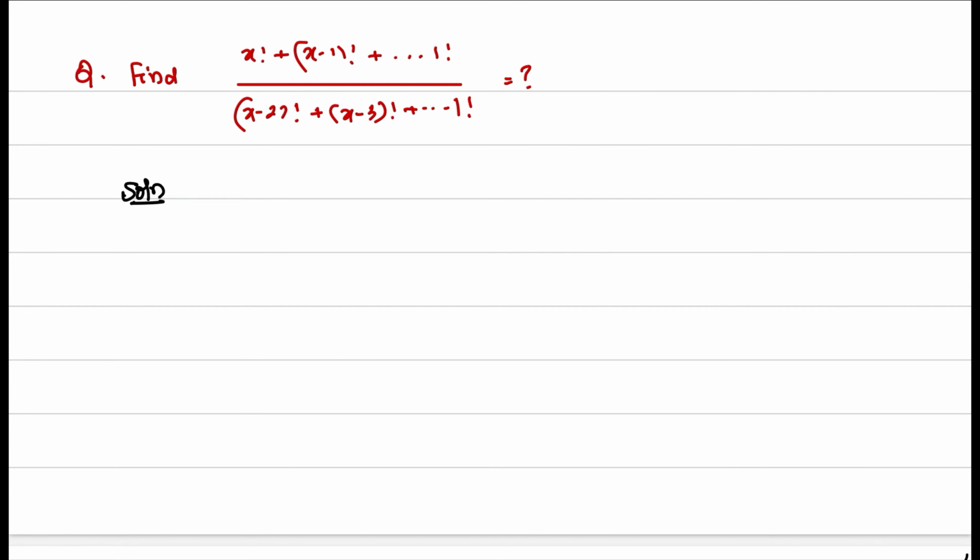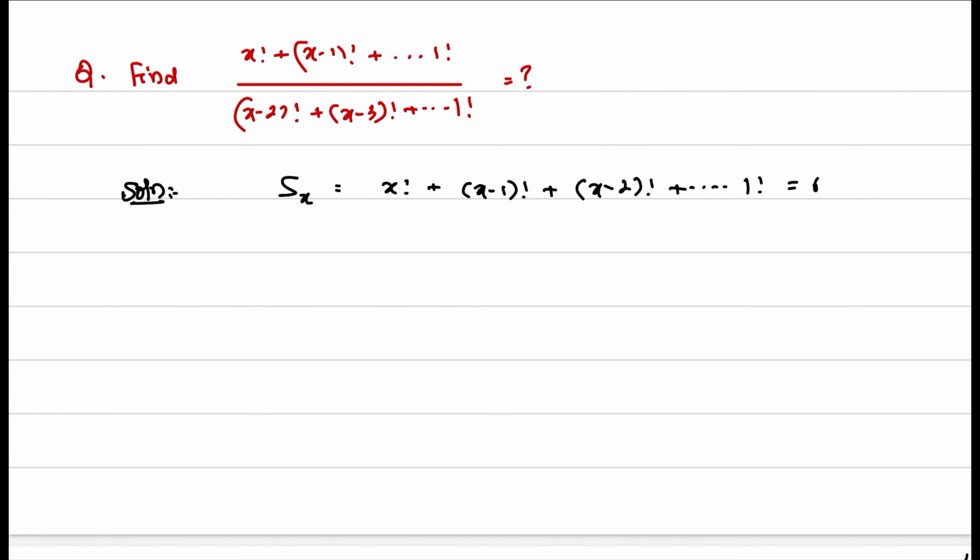Solution. Let us say the numerator is Sx, the sum of the factorial x's, equal to factorial x plus factorial x minus 1 plus factorial x minus 2 plus up to factorial 1.